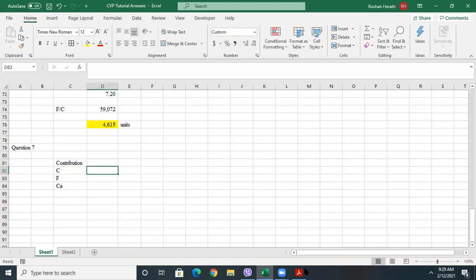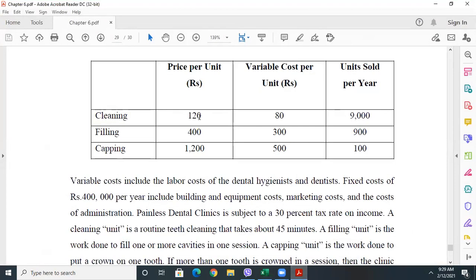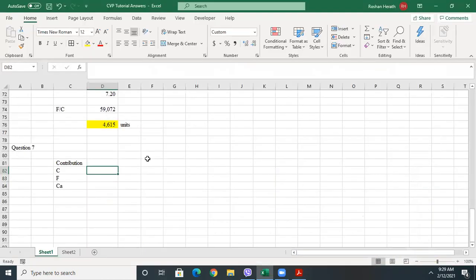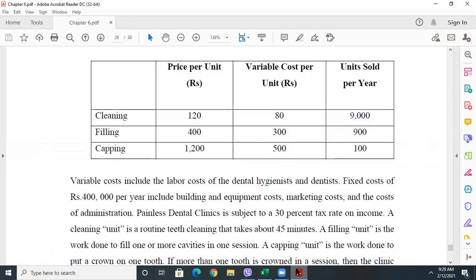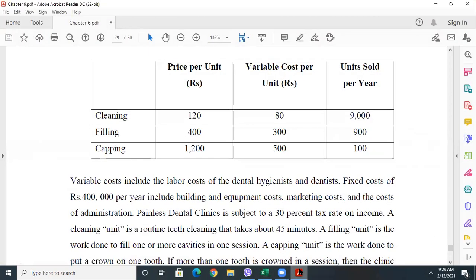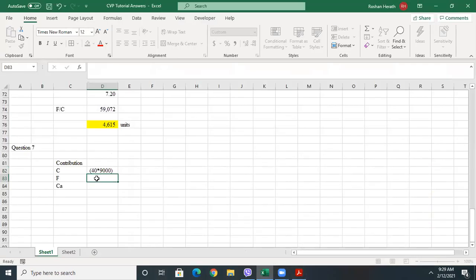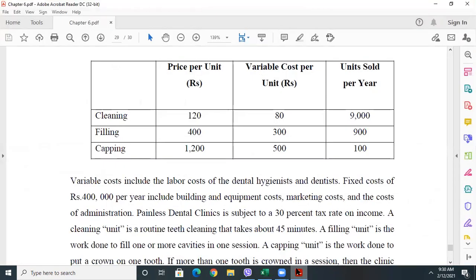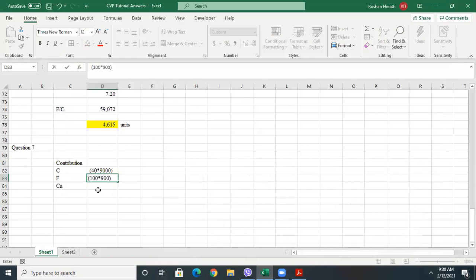You can work out 120 minus 80, it's going to be 40 contribution per unit for cleaning, and the number of units you expect to do is 9,000. For filling, it's 100 into 900 units. From capping, we expect to do 100 units and the contribution is 700.